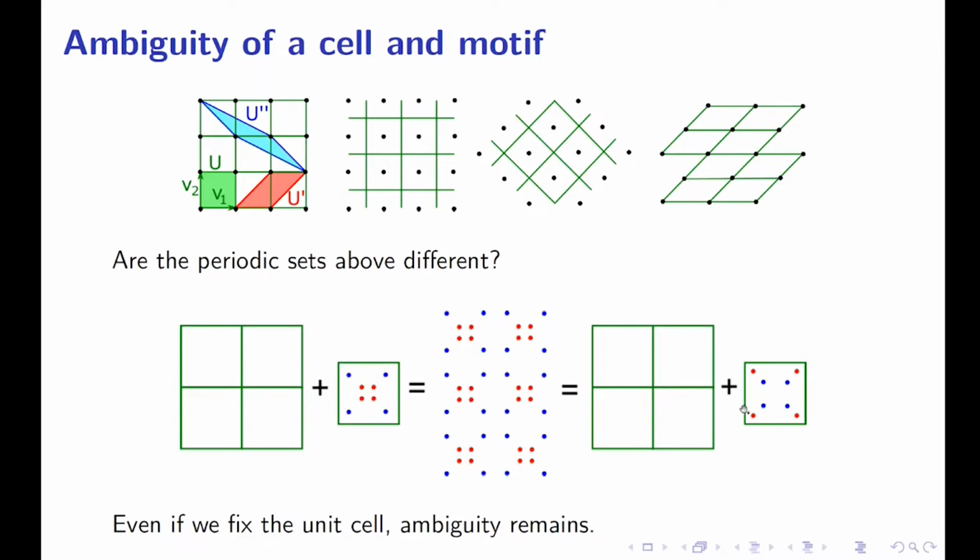And even if we fix the unit cell, like in this example below, we can just move it around on top of this periodic set in the middle and get a bunch of different motifs. So anything that depends on a unit cell or depends strictly on the motif is not really going to work for classifying and distinguishing periodic sets.